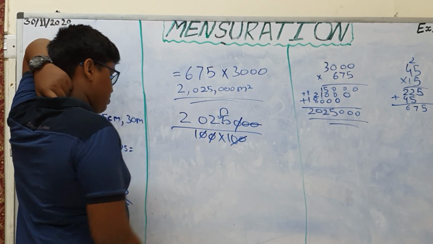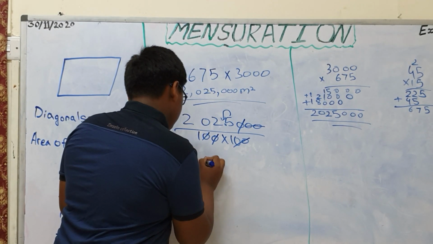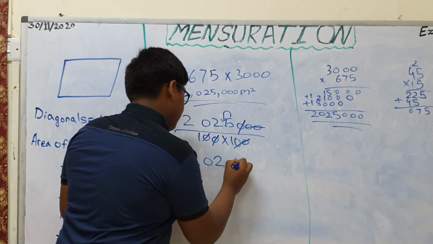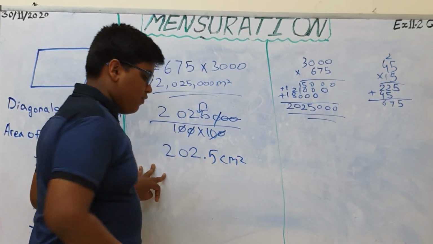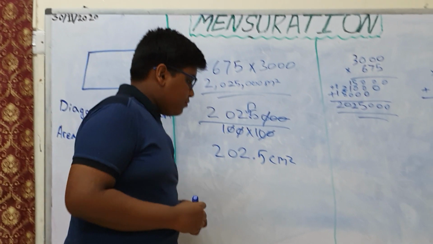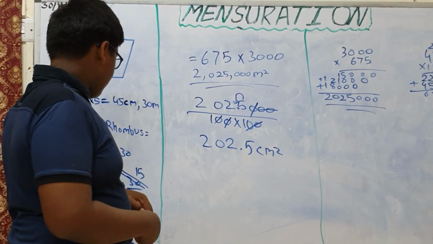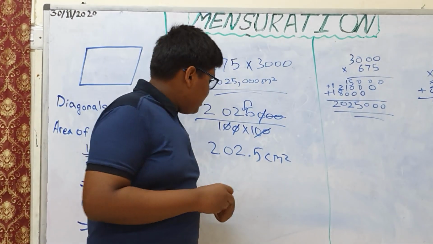Now this will also be cancelled. Now the total decimal is 202.5 centimeters square. Now we have to multiply it by 4.